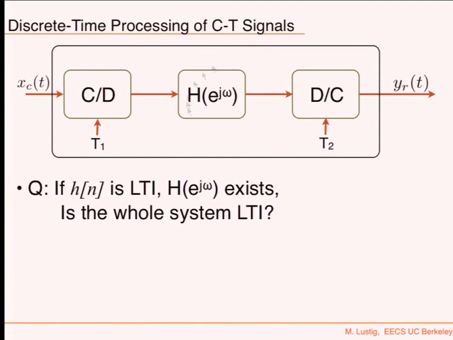So I have an LTI system here, then discrete to continuous conversion with a maybe different sampling rate. Okay? And then continuous. So the question is, if h of n is LTI, so H(e^{j\omega}) exists, is the whole system LTI? Always.